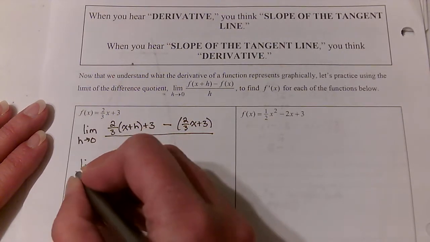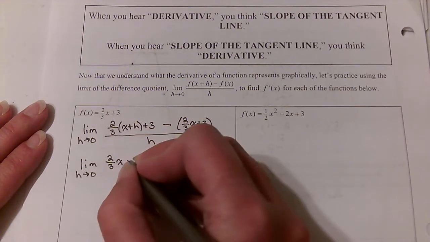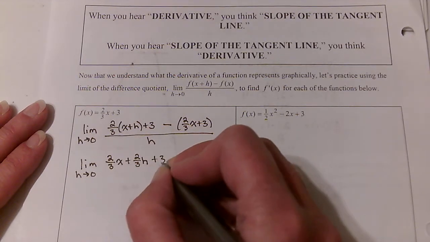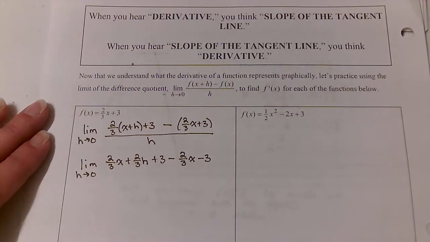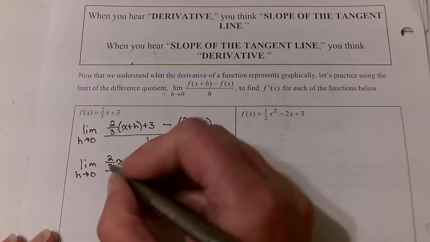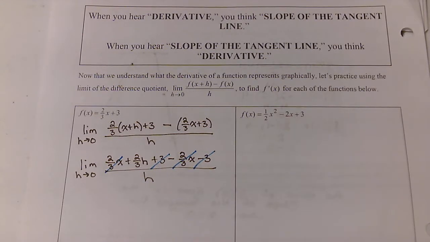Distribute. Oops, all over h. Beautiful. The only term left has an h in it. So if I divide right here, I'm going to get 2/3.